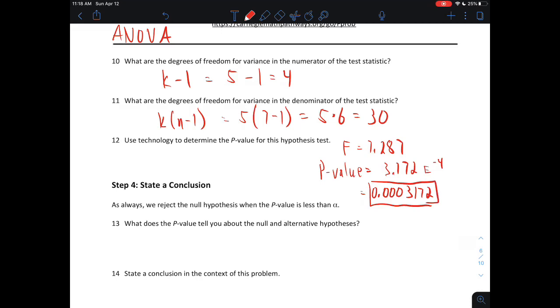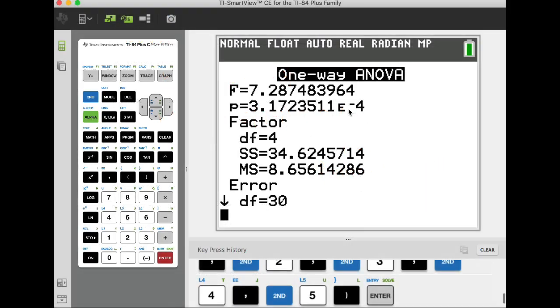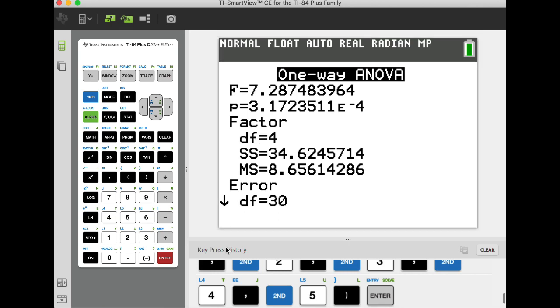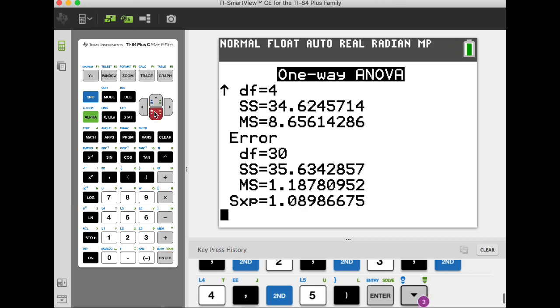And while we're here looking at this screen, there's a couple of other numbers that I want to point out. Notice DF equal to 4. That was the first degree of freedom. That was our answer for number 10. DF1 is what we said 4 was. If you use the down arrows, there's a second DF.